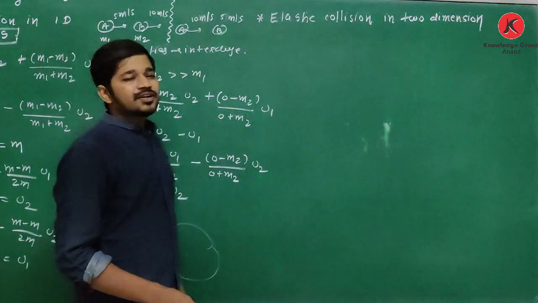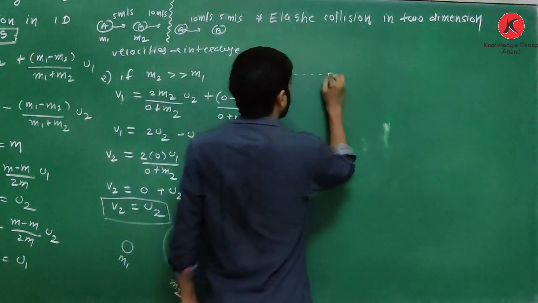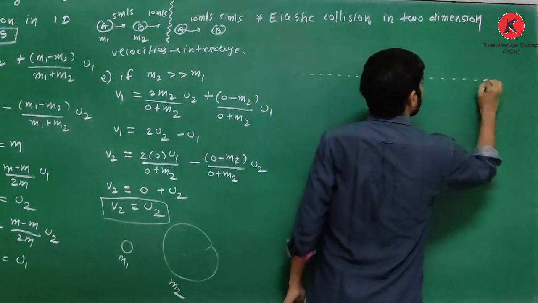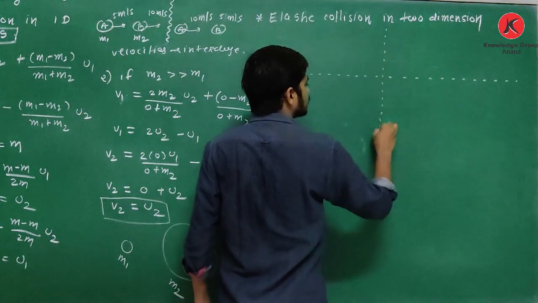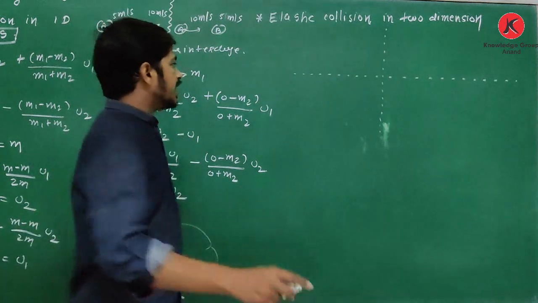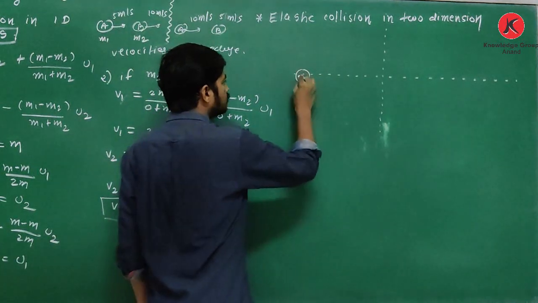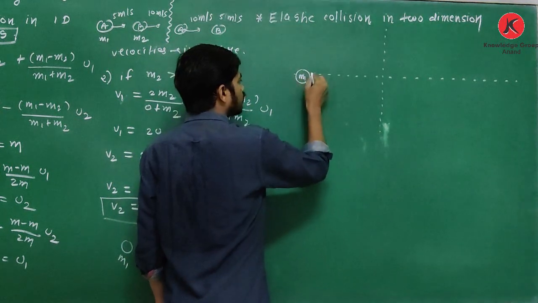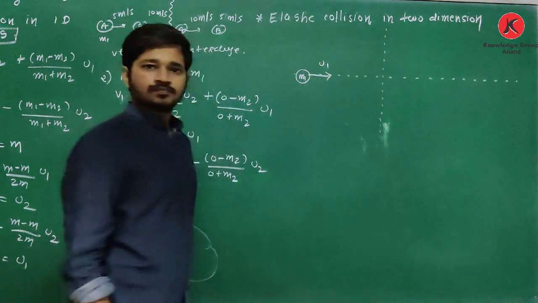For that, we are taking one situation. See, for example, it is the x-axis. Okay, it is the y-axis. Clear about this? Let one object having mass m1 be moving in this direction with speed u1.